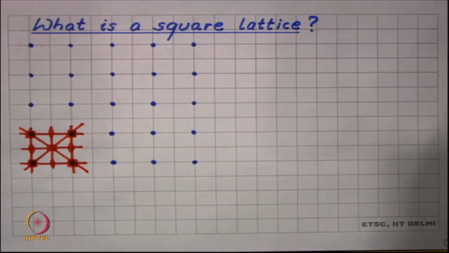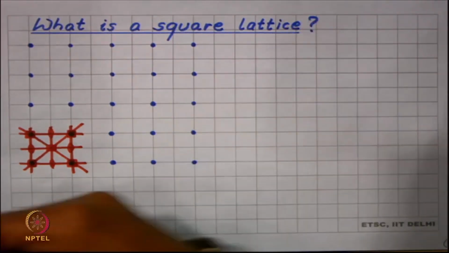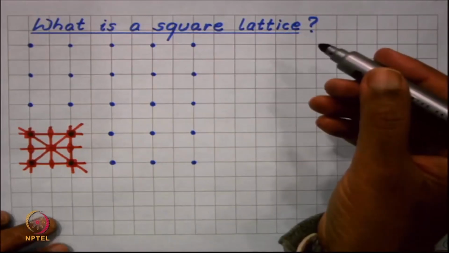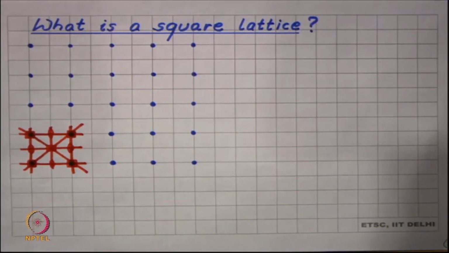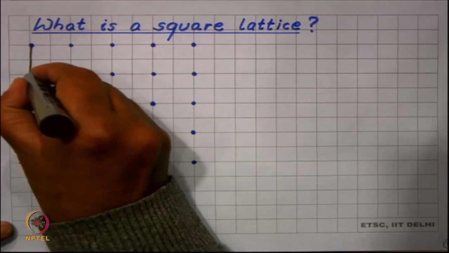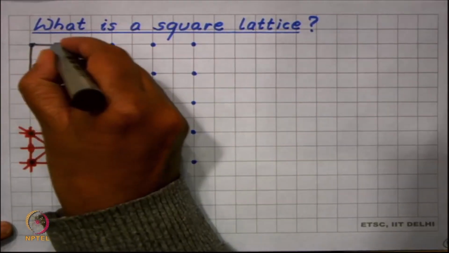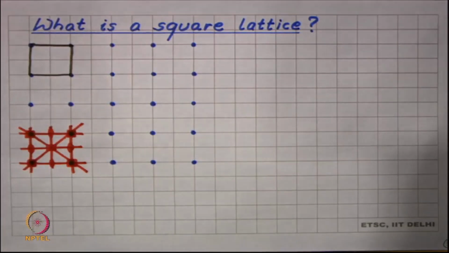So, the question now, let us revisit our square lattice and ask what is the basic definition, what is the squareness of the lattice. Of course, we can select a square unit cell, but then this is not the only unit cell which we can select.